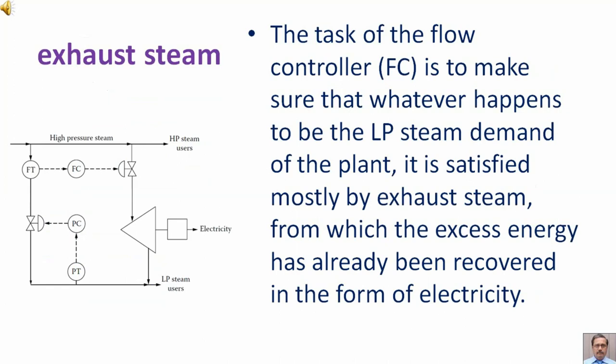The task of the flow controller is to make sure that whatever happens to the low pressure steam demand of the plant, it is satisfied mostly by exhaust steam from which the excess energy has already been recovered in the form of electricity.